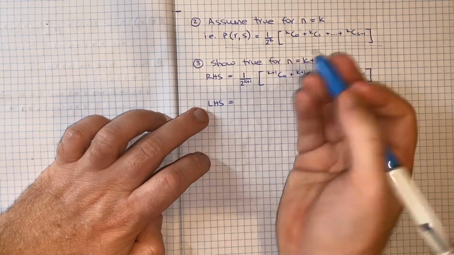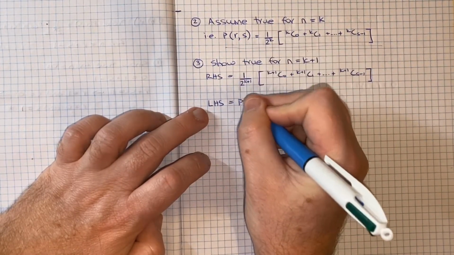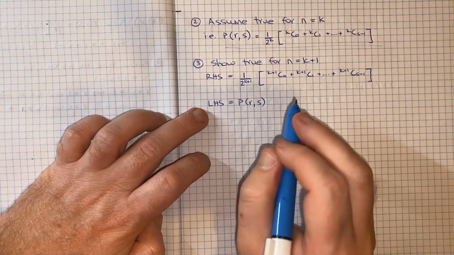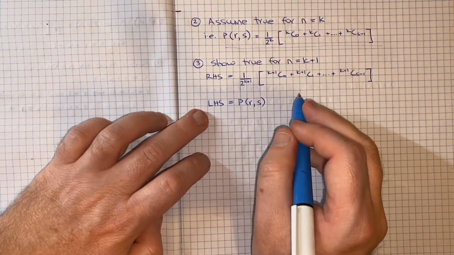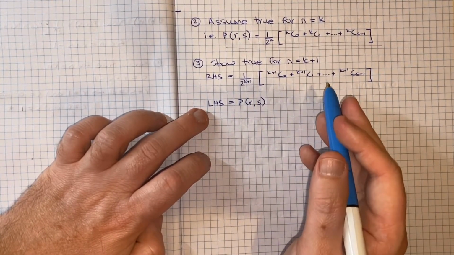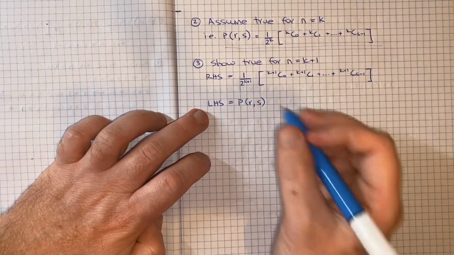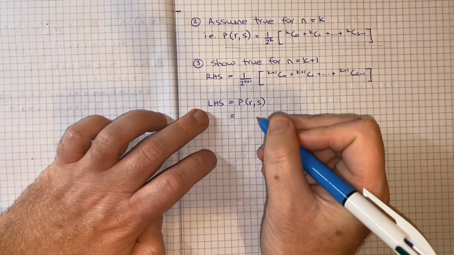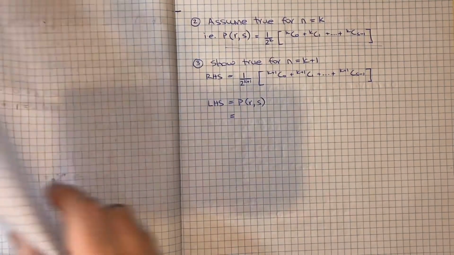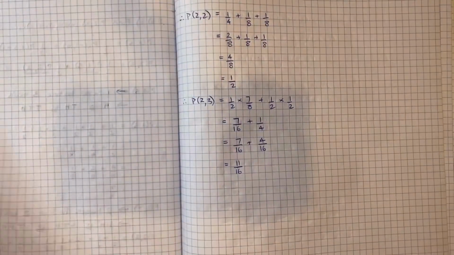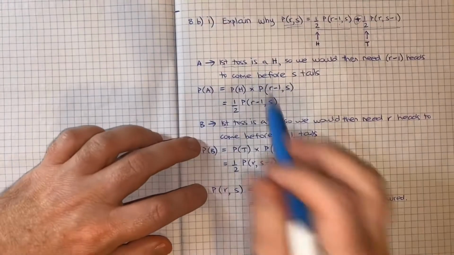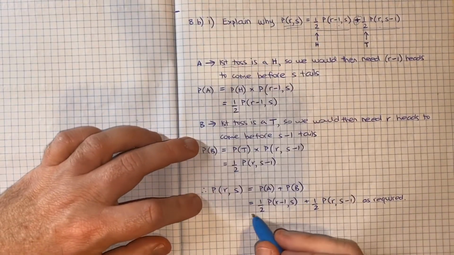So the left-hand side is the probability of r comma s. That hasn't really changed. Now I think it's going to be helpful for us to make use of our result in part 1, and this is where the scaffolding of the question becomes relevant. All the way back in part 1 of this question, we were asked to show this result here.